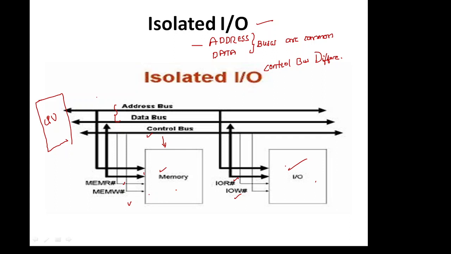It places the address on the address line and sets the IO read or IO write line command. Here, for example, suppose I want to write data: the address of this IO is 600, and the memory is 200. If I want to do something with the IO, the CPU is going to keep the 600 address on the address bus.